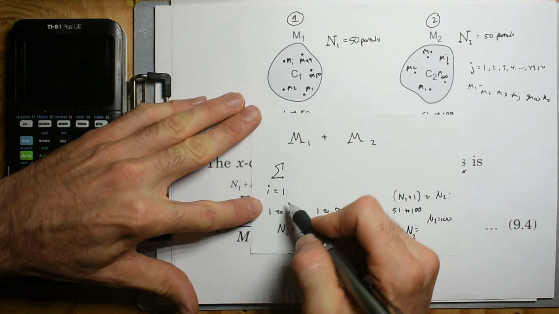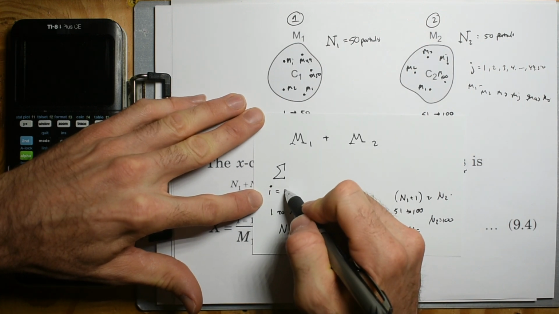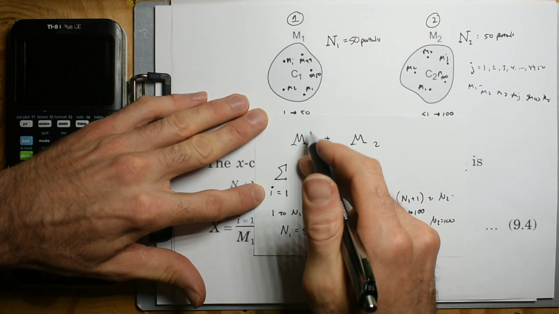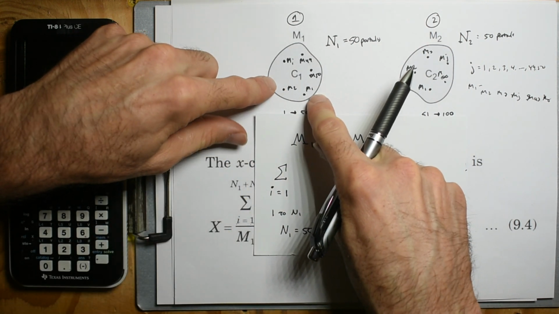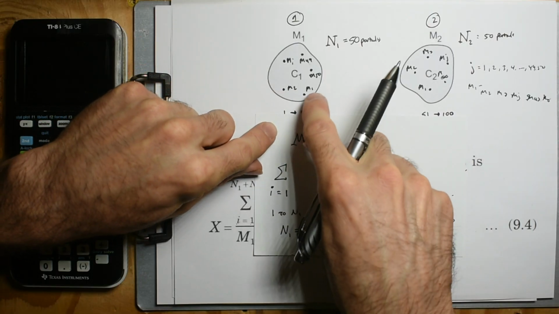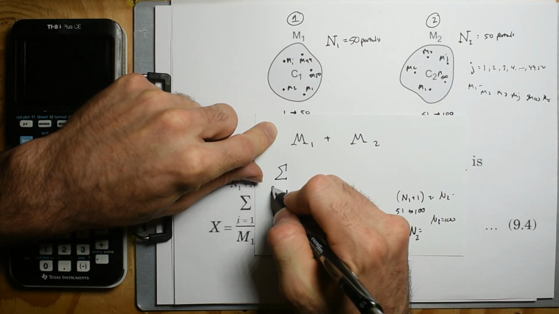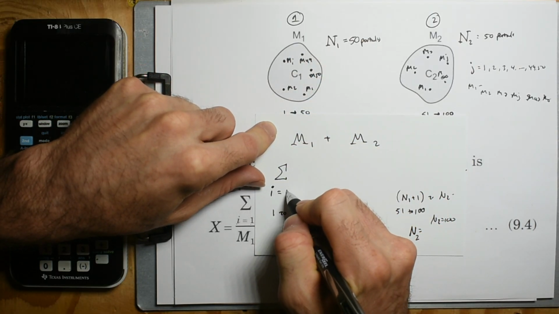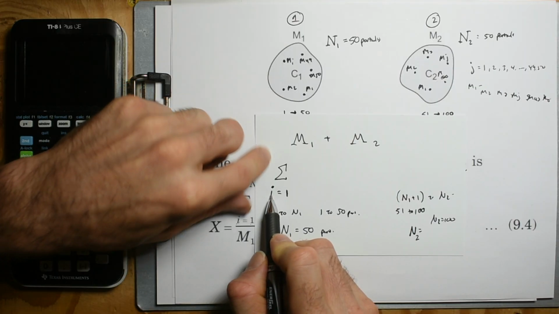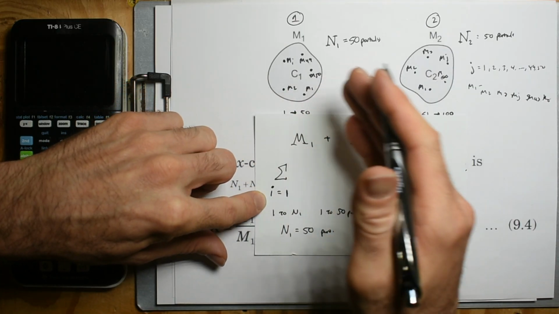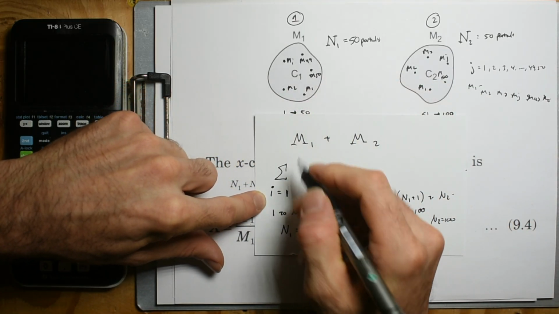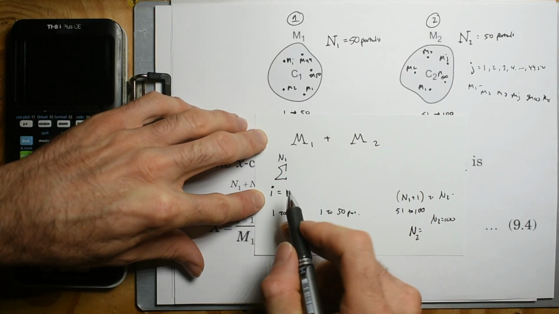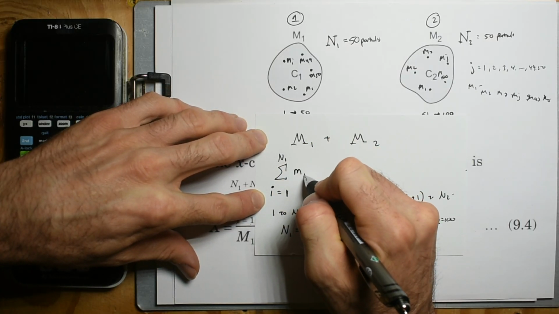And so we have I is equal to the first particle up to, or for this first mass, we're going to sum the individual particles from the first particle. That's the ith, like all the I particles are going to be 1 to 50, N1. Hell yeah, and those are going to be the particles.